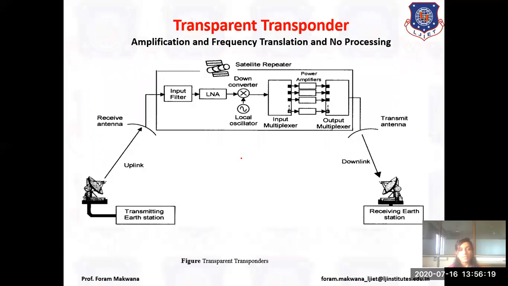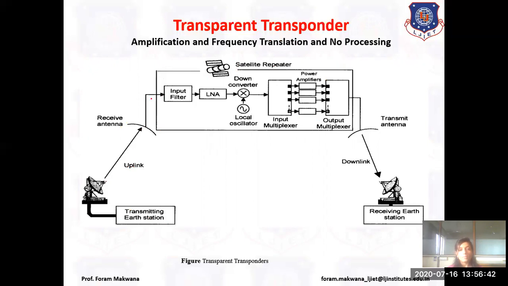Okay, this is a transparent transponder. This is my transmitting earth station, this is the receiving earth station, and this is the satellite repeater. My uplink signal, from the transmitting earth station to the satellite, is transmitted. Downlink means from the satellite to the receiving earth station.